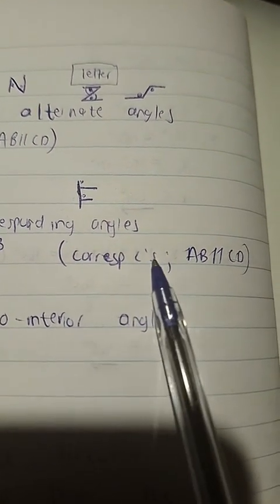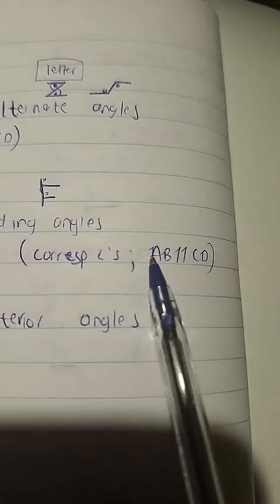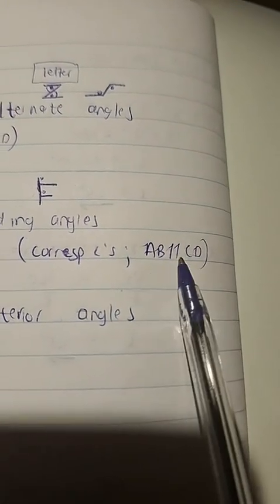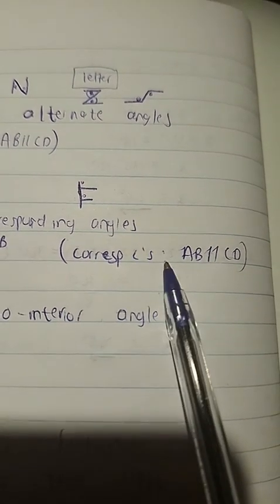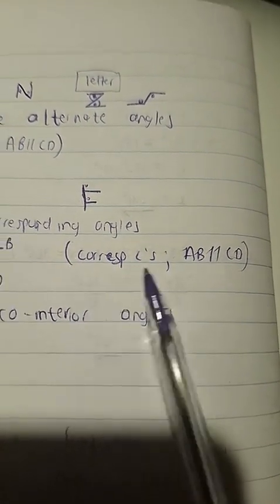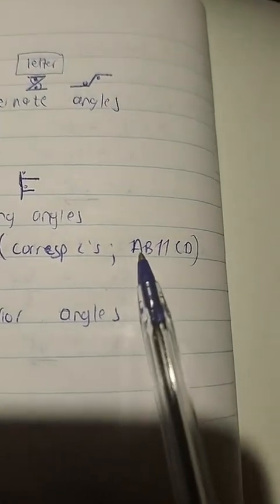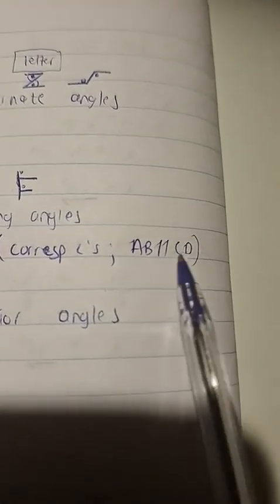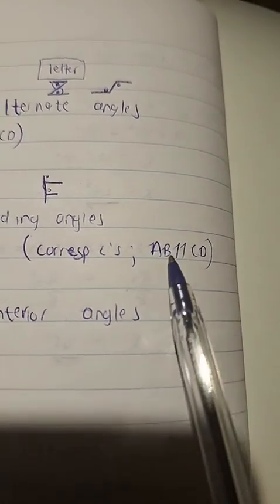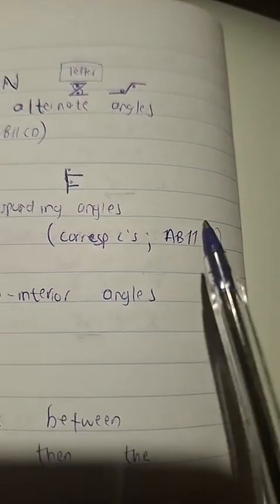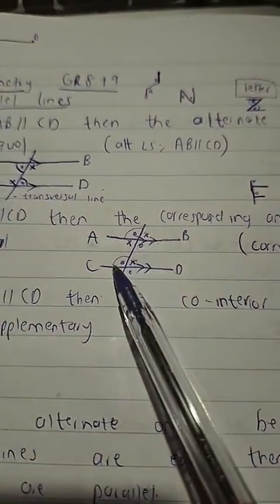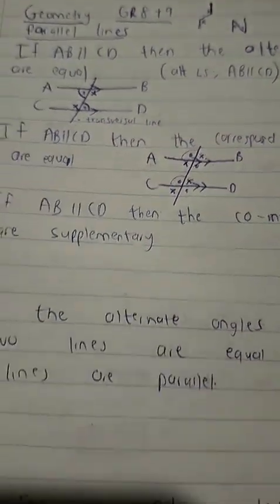We don't just write corresponding angles alone, but we write corresp angles for short, then a semicolon, and then we state the lines that are parallel. Very important to state those lines that are parallel if it is corresponding angles that you have identified being equal.